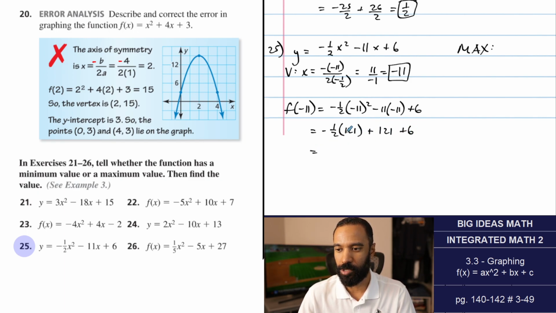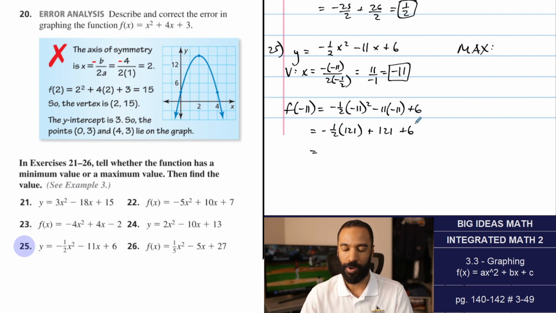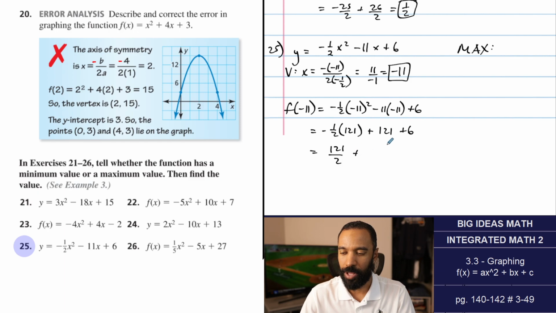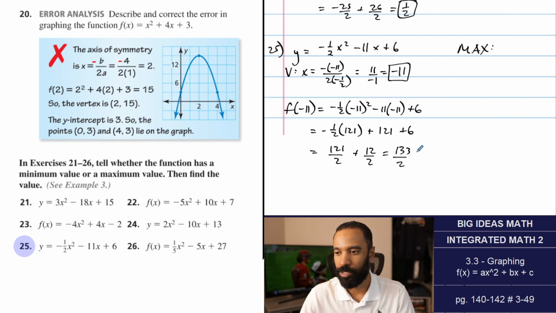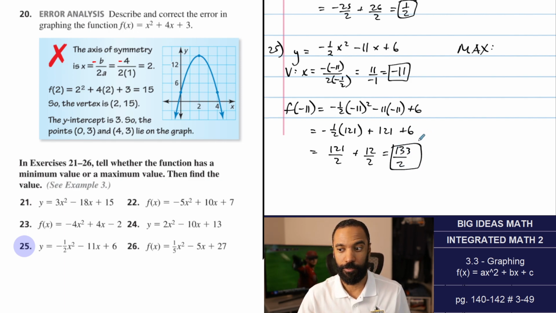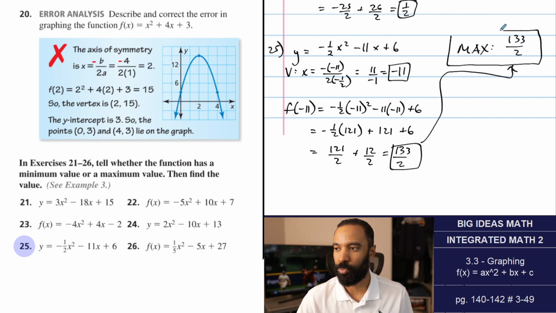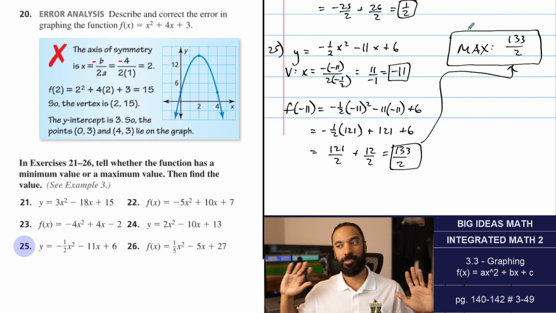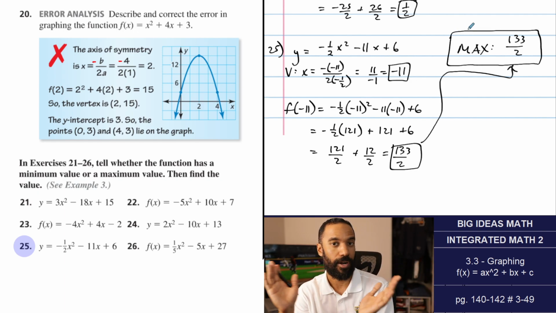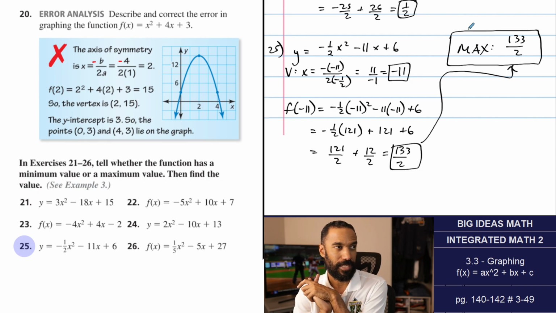Half of 121 is negative 121 over 2, and then added is positive 121 plus 6, which is 12 over 2, which becomes 133 over 2. It's a beautiful number. It's my favorite number. Coach, can I get a jersey number of 133 over 2? That's the maximum. That's where it tops out. 133 over 2 is also 66.5.